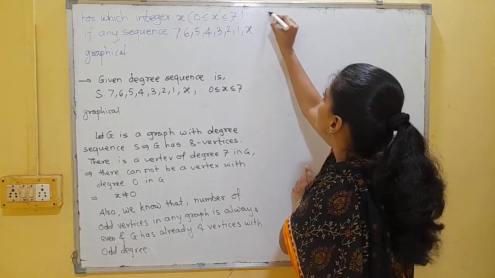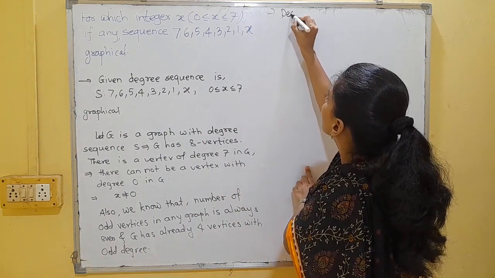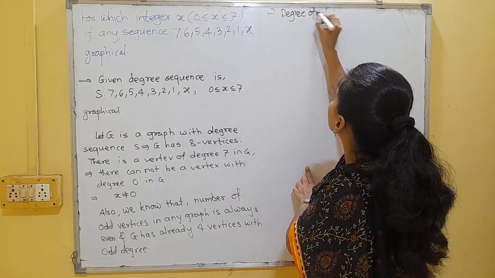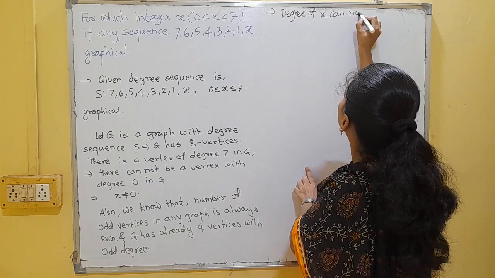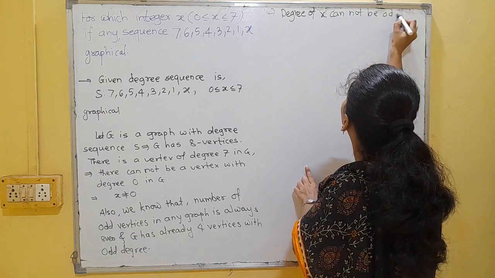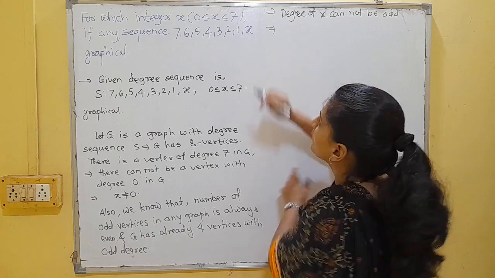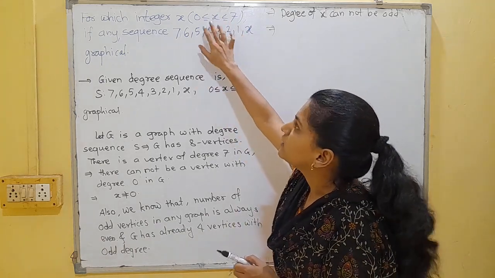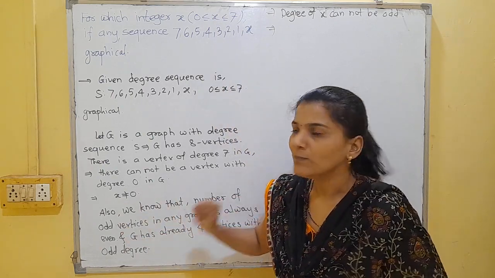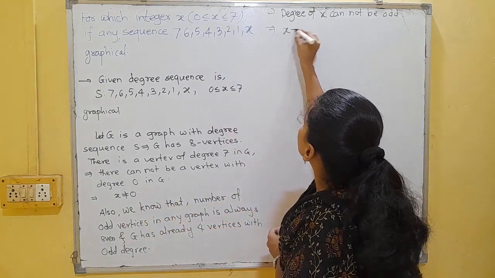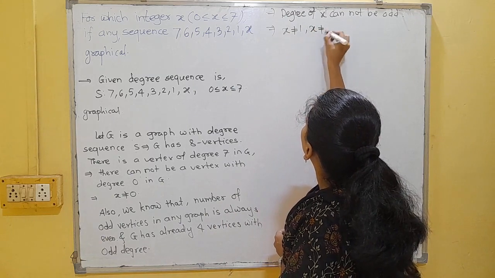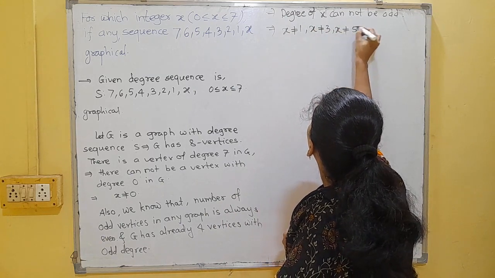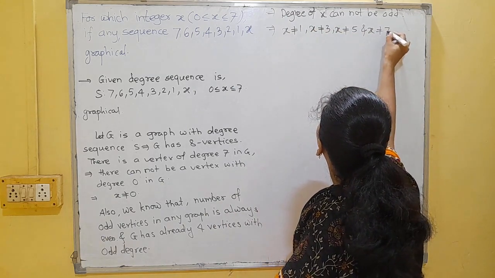So that implies the degree of x cannot be odd. What are the possible odd numbers from 0 to 7? 1 to 7; actually we have omitted 0. So x is not equal to 1, 3, 5 and 7.